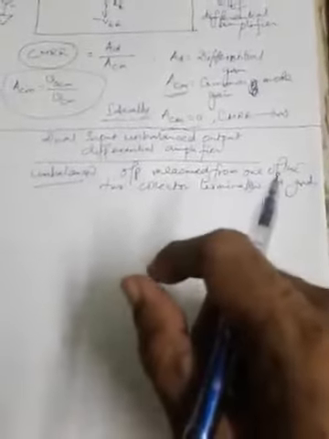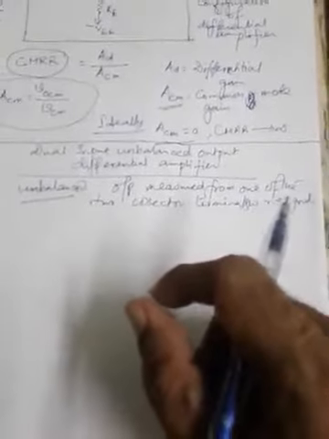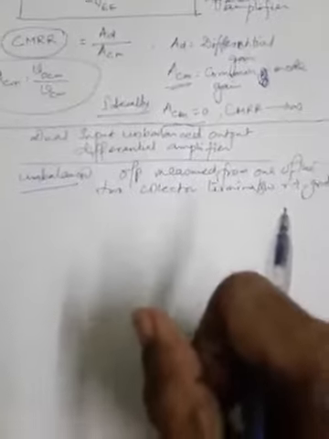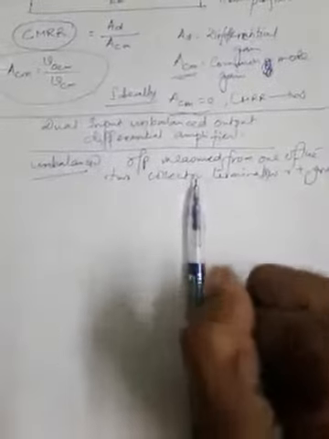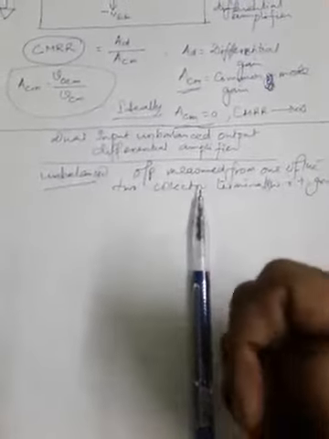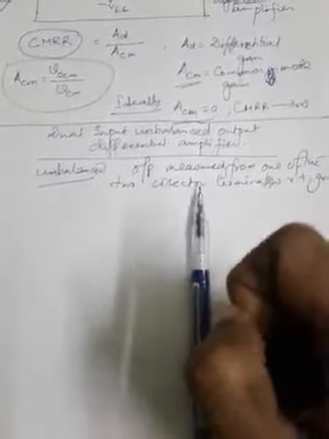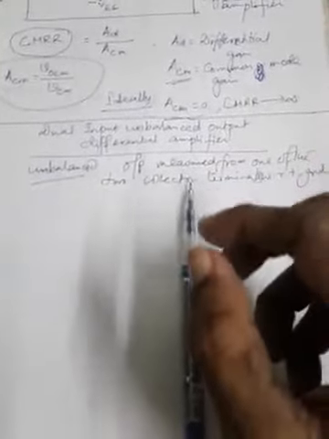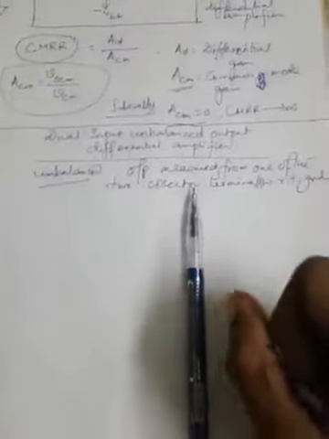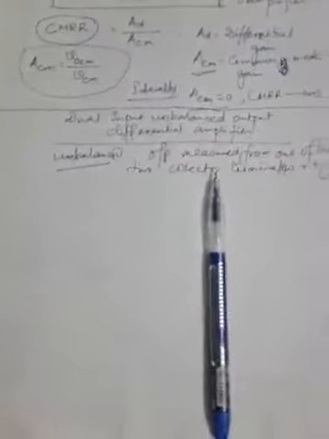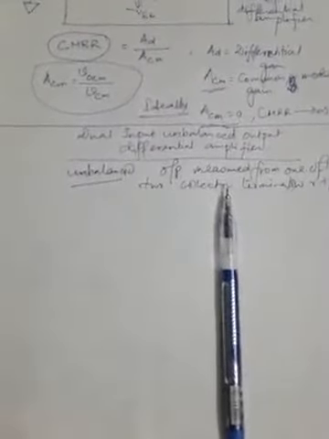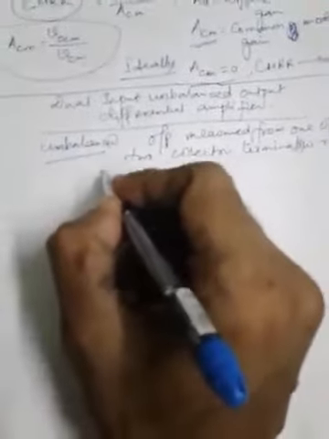Now because the collector at which the output voltage is measured is at some finite DC potential with respect to ground, here we will be considering only that terminal for output voltage measurements. In other words, there is some DC voltage at the output terminal without any input signal applied. So for the time being, before going into the details of explanation and analysis, let us assume that the output is measured at the collector of transistor Q2 with respect to ground. So let us first draw the circuit diagram for this mode of operation.